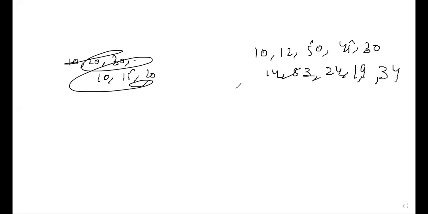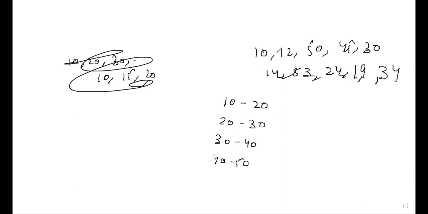It's not possible for you to make 10, 20, 10, 20 like this, right? So what you are going to do, you will make classes: from 10 to 20, 20 to 30, 30 to 40, 40 to 50. 50 is highest, so that's why 40 to 50.